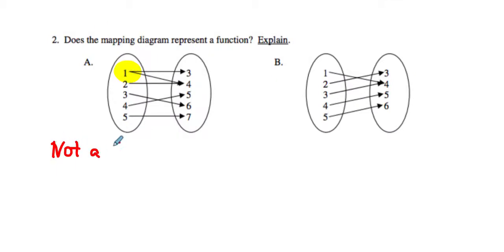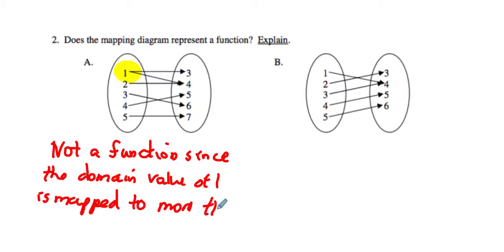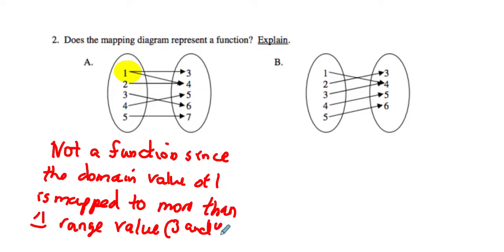Okay, determine if the mapping is a function or not a function. Well, A is not a function because, as you can see, the domain value of 1 goes to 2 different range values, 3 and 4 in this case. So since at least one domain value is mapped onto more than one range value, it is not a function.